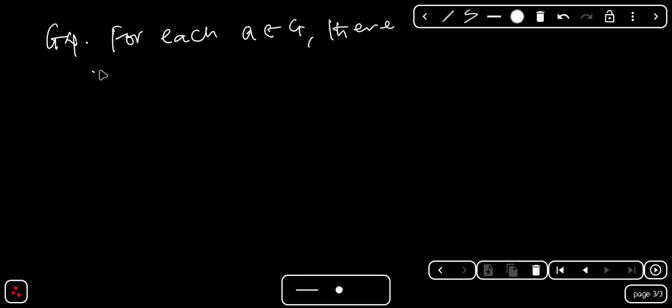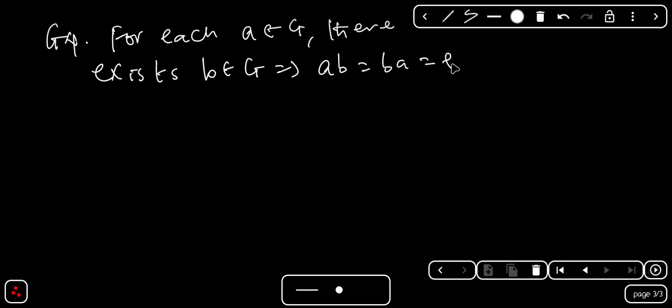And the last property for it to be a group is the existence of what? Of inverse in the set. That is, for each A in G, there exists B in G such that AB is equal to BA is equal to E. That is, B is equal to A inverse.